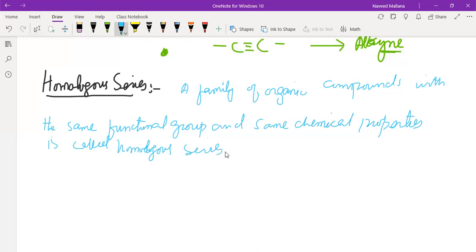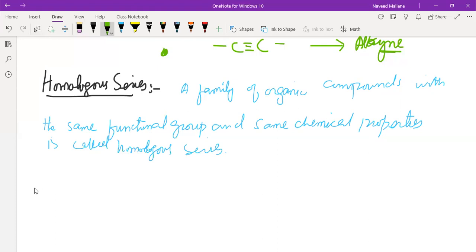Let us have the example of homologous series of alkane. Homologous series, as I have told you already, consist of same functional group or same carbon-carbon bonding.